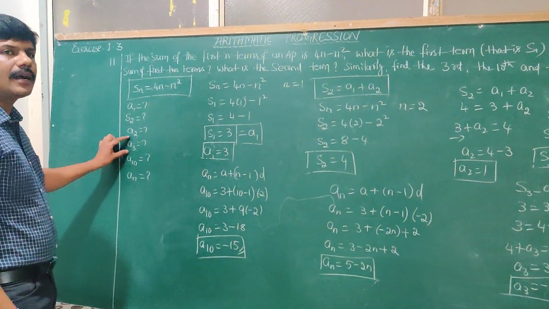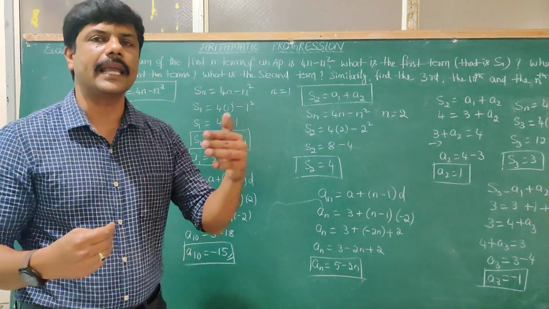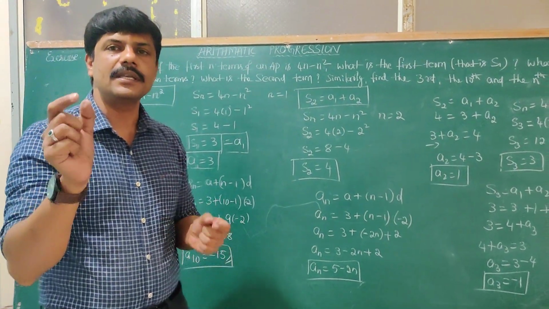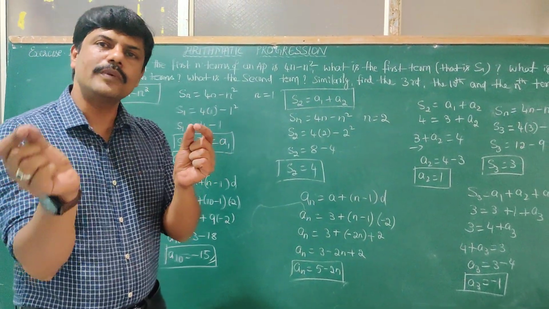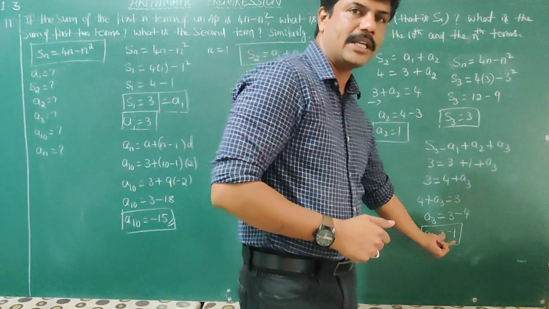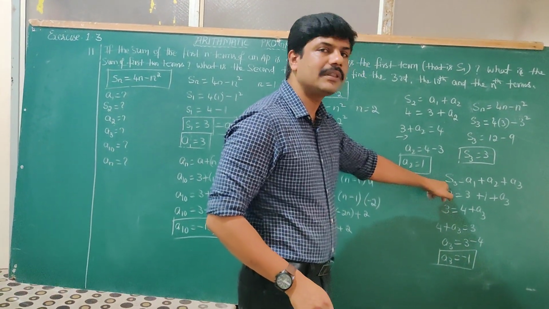Then the third term, by taking the difference. First term we know, second term we know. By getting the difference, we got minus 2 as the difference. If you add minus 2 to the second term, you will get the third term. Thus the third term we got is minus 1. That is one way. The other way to get it is by finding the sum of three terms.